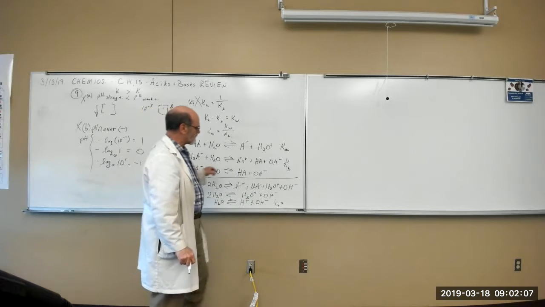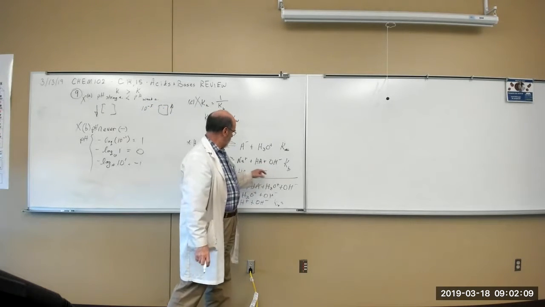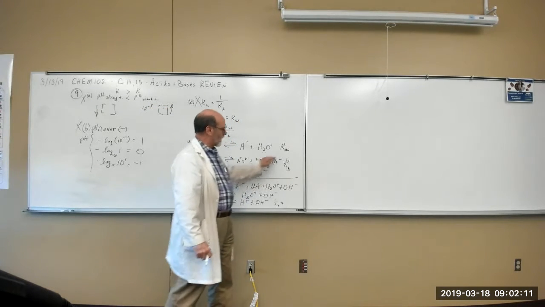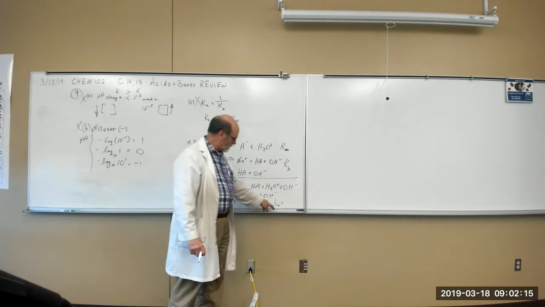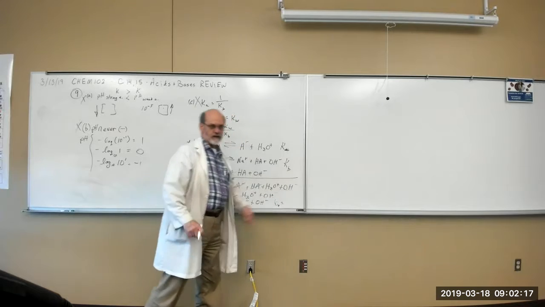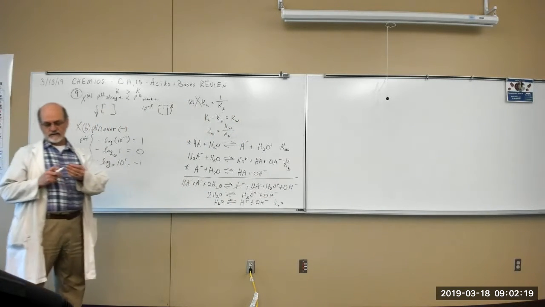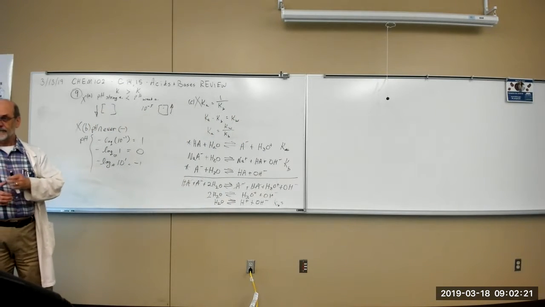And then if you use Hess's law, when we add these equations together, what happens to the K's? You multiply the K's. So Kw equals Ka times Kb.